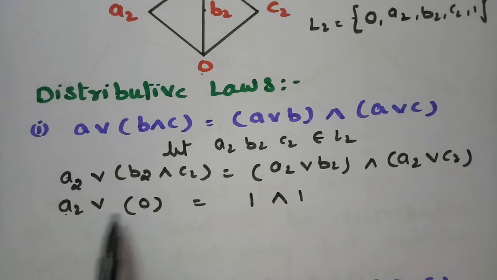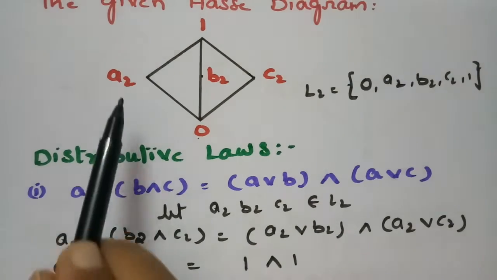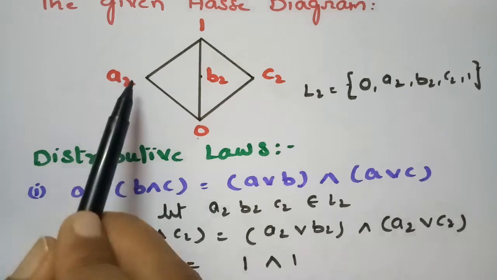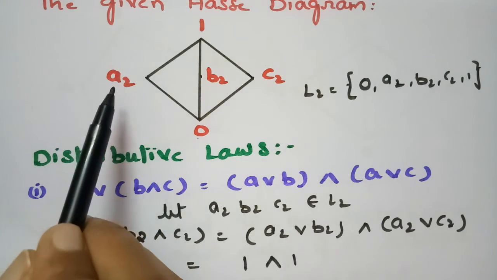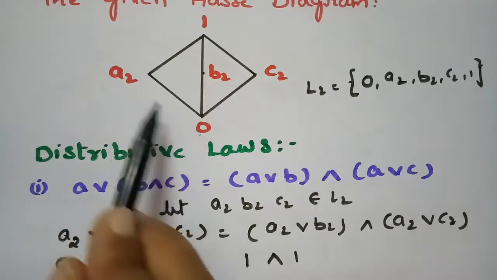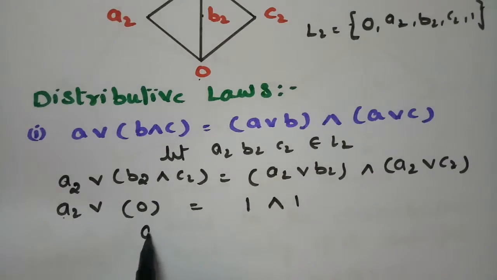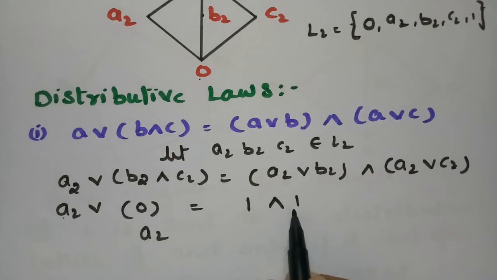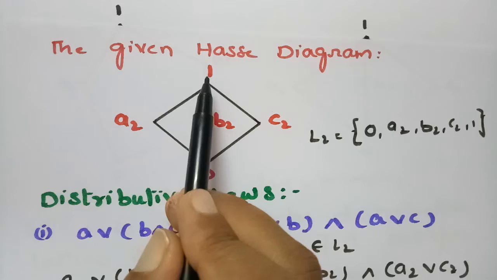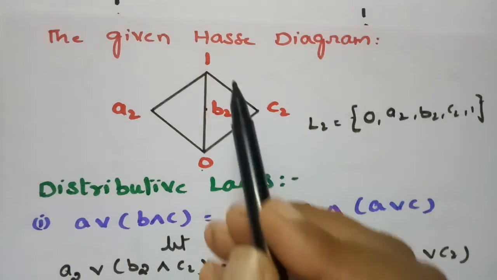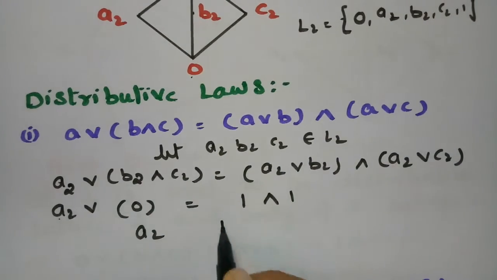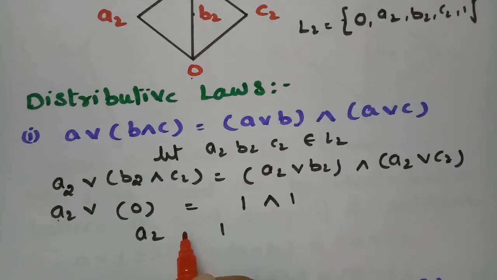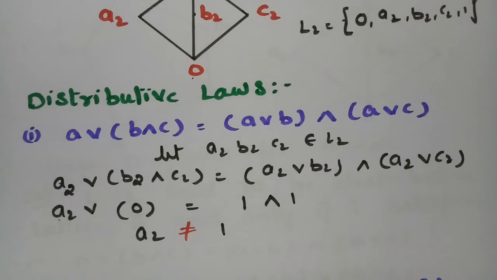And next coming to A2 join 0. Join is nothing but the least upper bound. The upper bound among A2 and 0 is A2. So this is A2, and here 1 meet 1. Among 1 and 1, 1 is the greatest lower bound here. So 1. So A2 is not equal to 1.